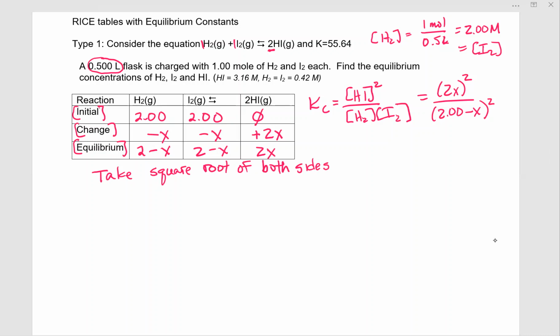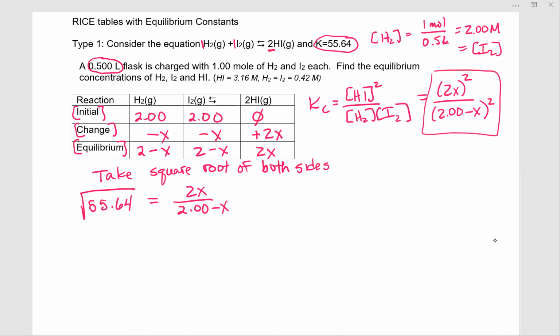So we have our value of K is 55.64. So we're going to take the square root of 55.64, which is going to be equal to 2x over 2.00 minus x. So I just took the square root of the numerator and the denominator.